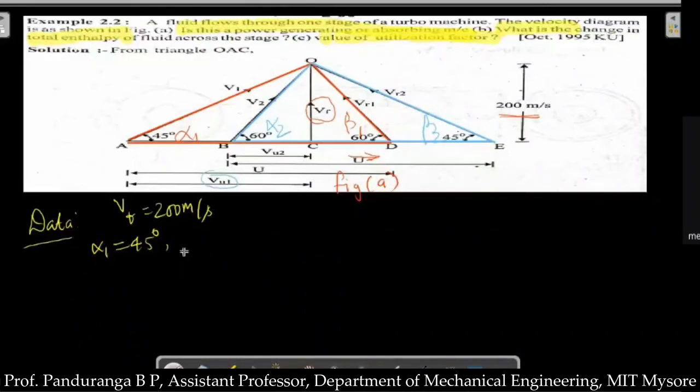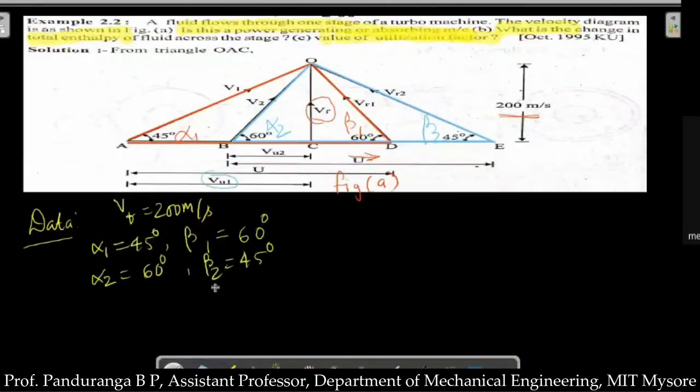Beta 1 is given as 60 degree. Alpha 2 is given as 60 degree, and beta 2 is given as 45 degree. These are the data given here.